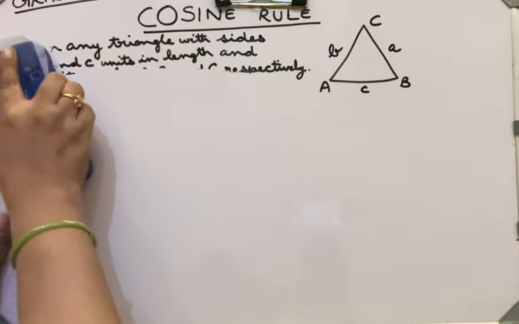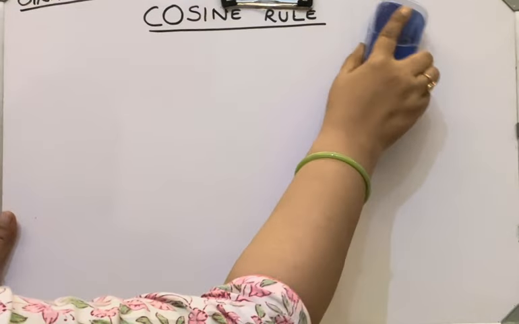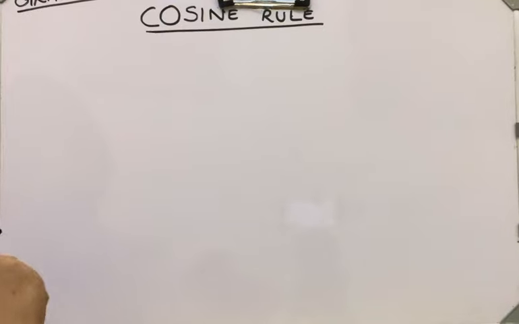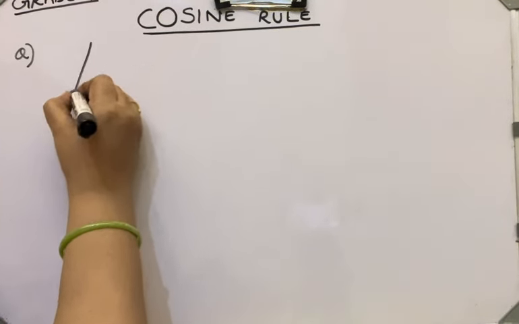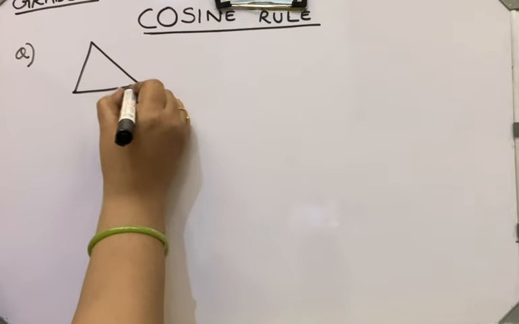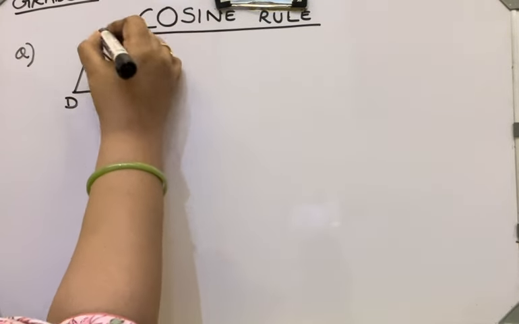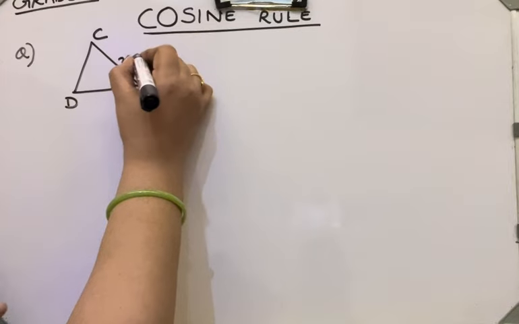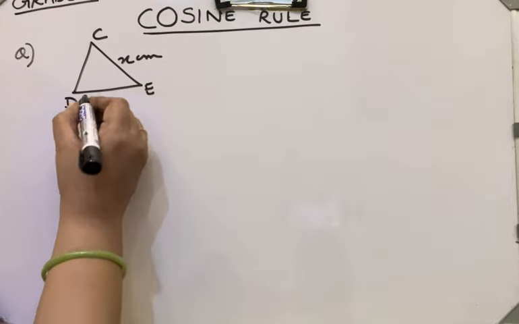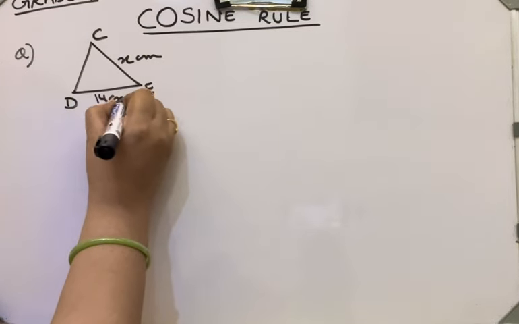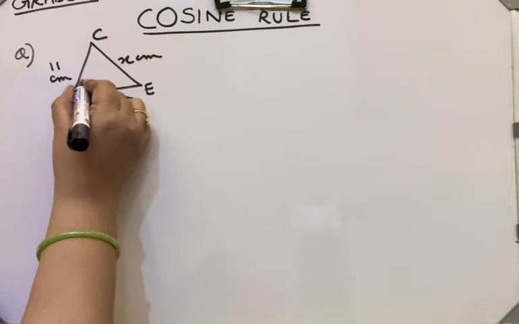I will write down the sum and then we will proceed to solve. So the problem is, now this is a triangle. This is triangle CDE, this side is x cm, this is 14 centimeter, 11 centimeter and the angle is alpha.